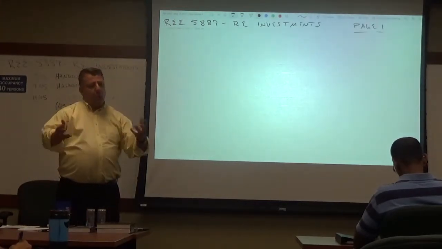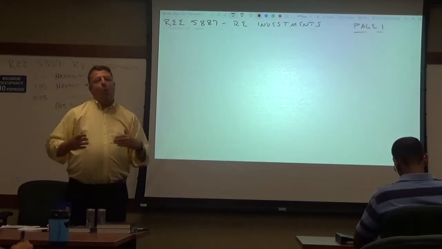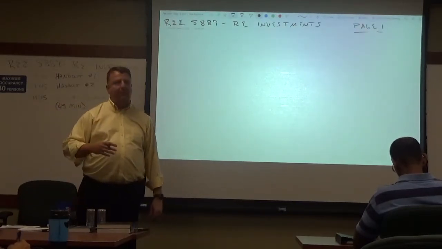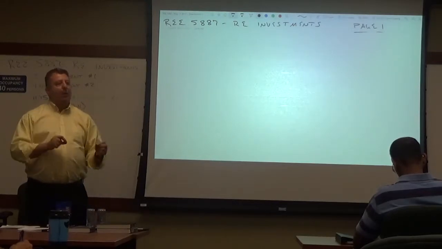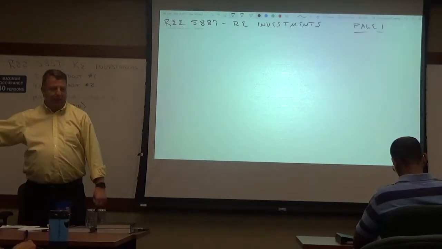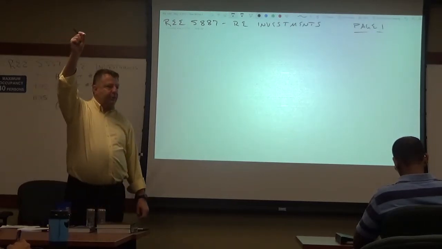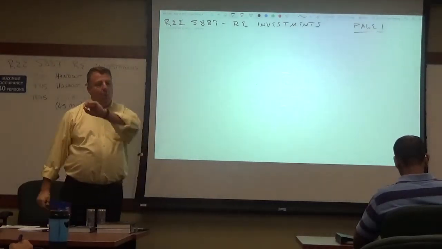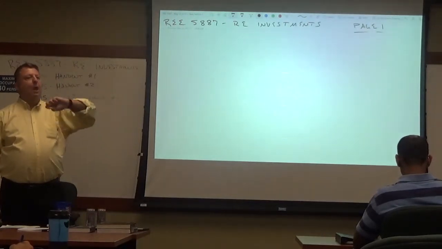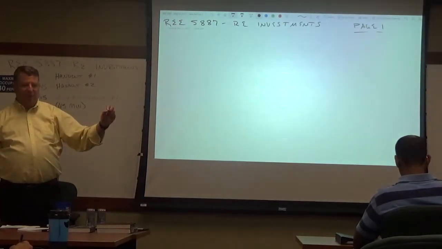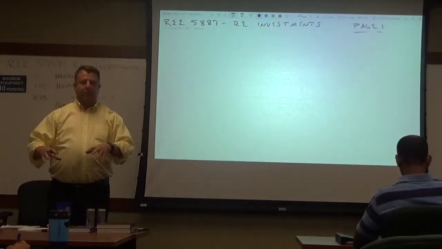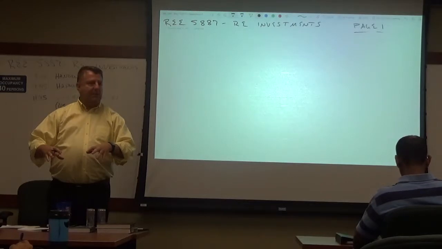But not just who, but what kind of a return are they seeking? What sort of requirements are they placing upon you? How do they get paid? When do they get paid? Who gets paid first? Who gets paid last? What is the tax structure of the deal? What is the ownership structure of the deal? Those are the kinds of things that this course focuses on. Okay, does that make sense to everybody?